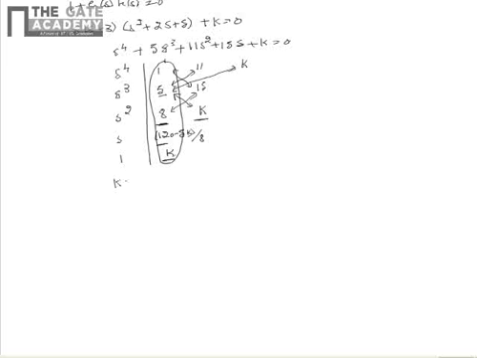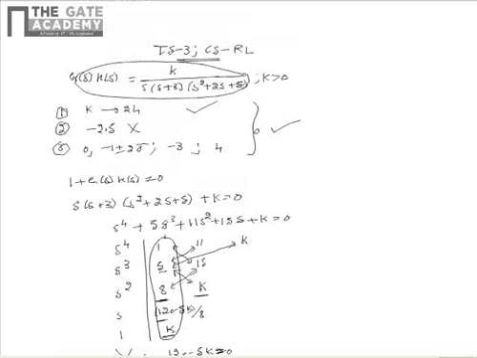So for marginal stability, K is equal to 0, or 120 minus 5K should be equal to 0. But it is given that K is greater than 0, so K equal to 0 is not a valid point. So for marginal stability, K is equal to 24. Hence statement 1 is correct.